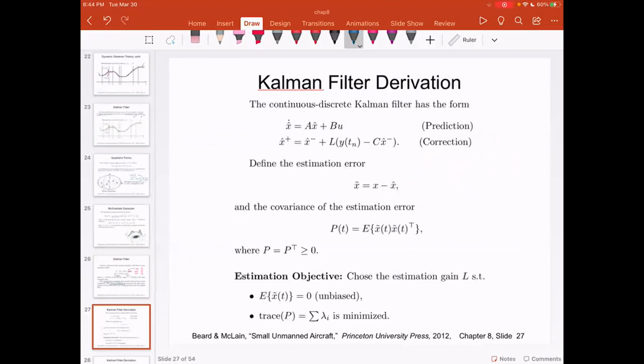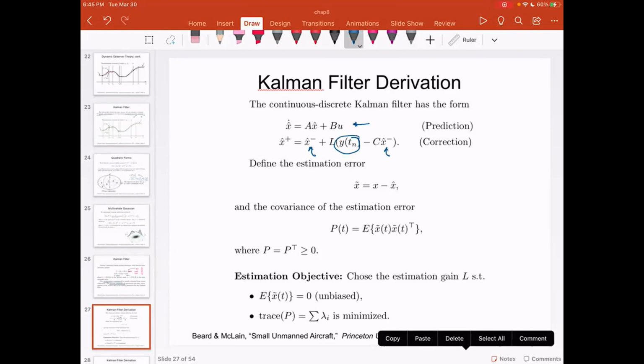When you look at the Kalman filter derivation, there is a prediction step and there is a correction step. Just like the equations we saw, where an observation equation is used to correct the estimate. You have an estimate, you get an a priori estimate, and then correct it with the observation. However, there is an additional step here.